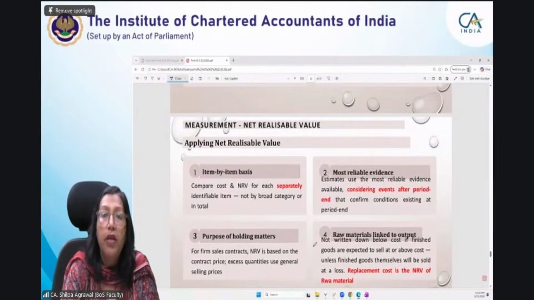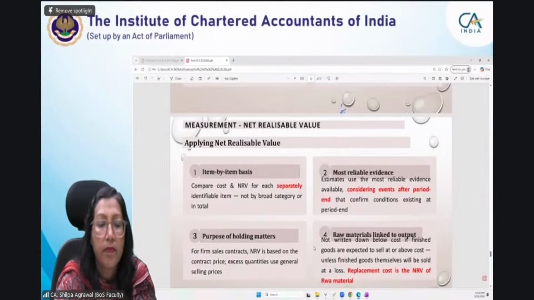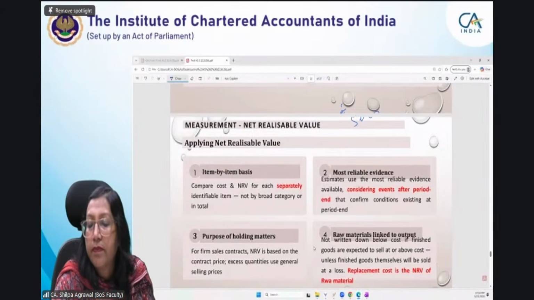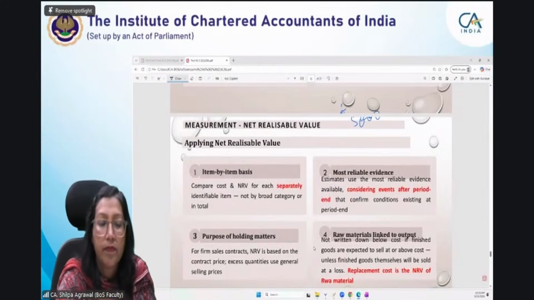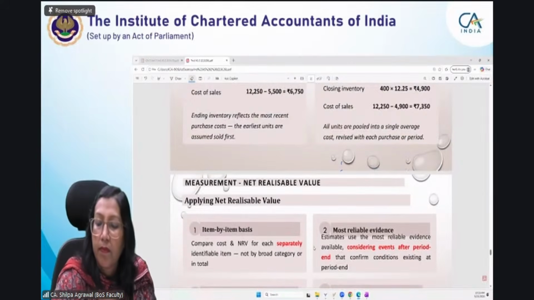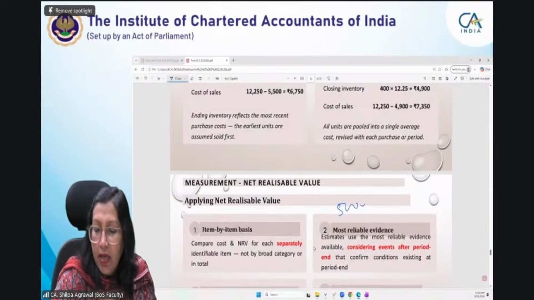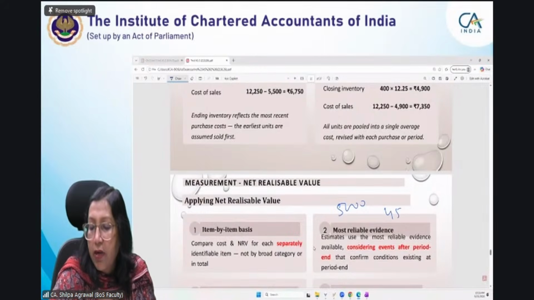For example, your cost was say 5,000. Your NRV comes to somewhere 4,500.